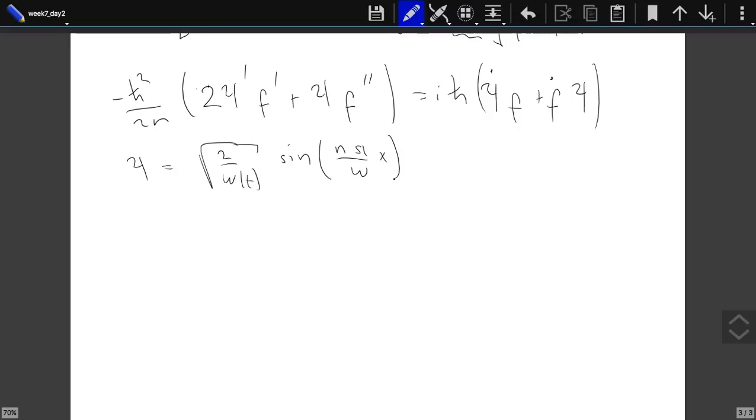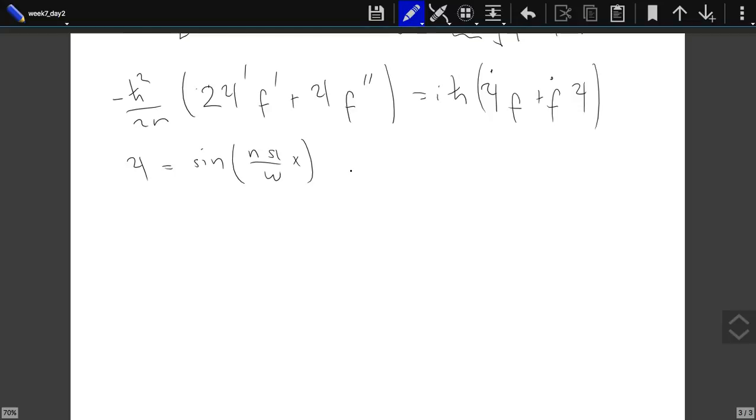Now let's do one more thing, just to simplify the calculations a bit. I will take this as our psi. That time dependence, I just dump it into f. So nothing that I did until this point changes. So this will probably simplify my calculations a bit.